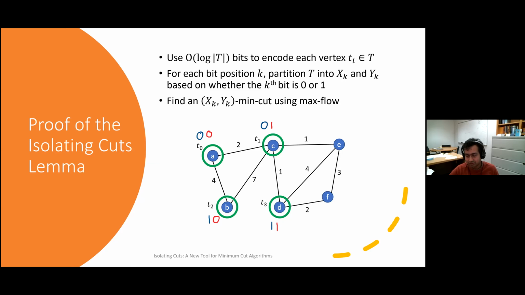But let's switch to trying to show the isolating cuts lemma. Okay, so again, remember what the lemma was saying? I give you a graph, I give you a subset of vertices. I want to make sure that I find the minimum isolating cut in log T runs of a max flow algorithm. Sorry, quick question on the simple algorithm. So that would give a runtime proportional to the runtime of solving on the order of a polylog number of max flows.